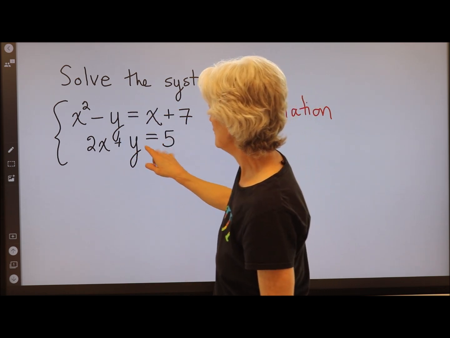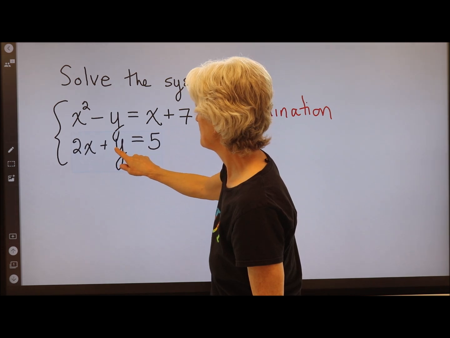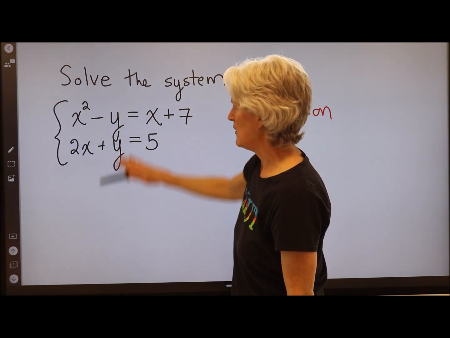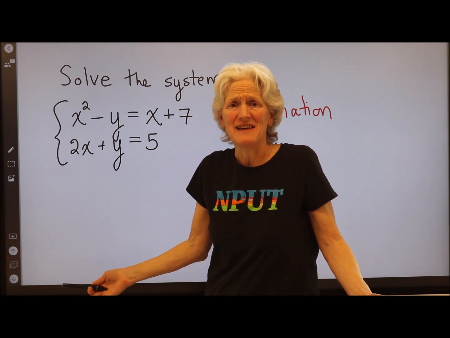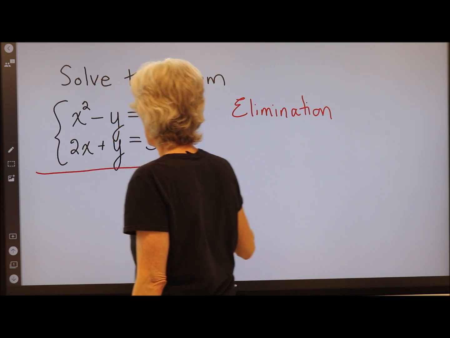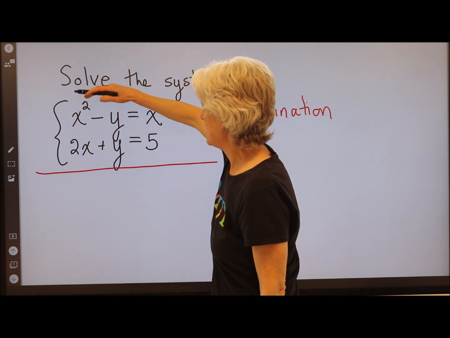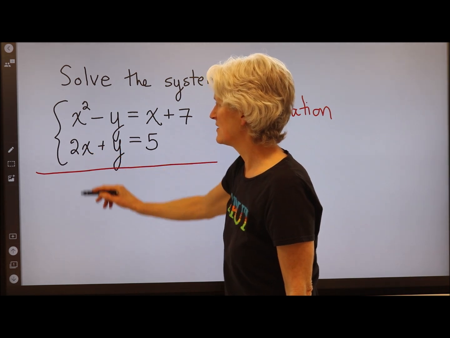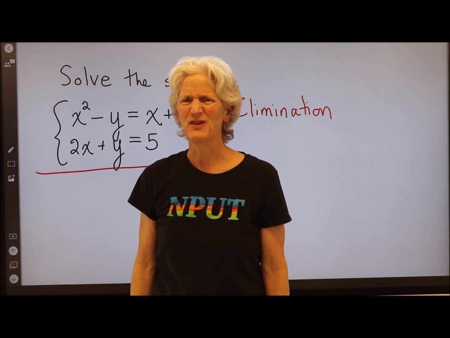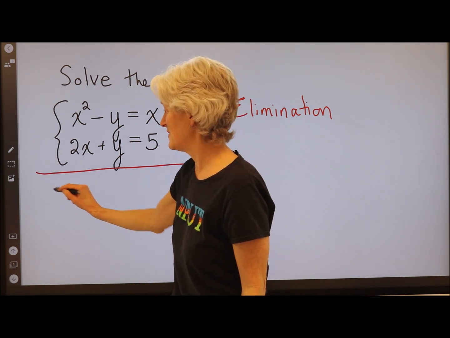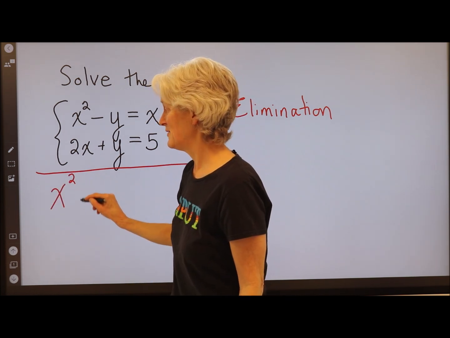Wow, I just moved something. That was weird. Okay? Can I just add up to down? I don't know. Let's just try it and see what happens. I'm just adding things. Okay, x squared plus 2x. Well, those aren't like terms. x squared plus 2x is just x squared plus 2x.